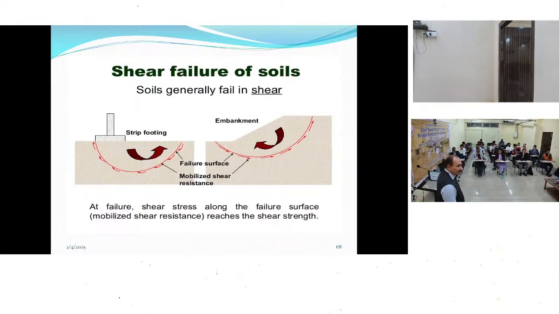So these are the failures. In the case of a column footing, this is your failure plane. It will fail like that, and shear strength will be mobilized along this plane, against the failure direction. This is your slope failure. The slope will fail like this one, and the shear strength will be mobilized in that.